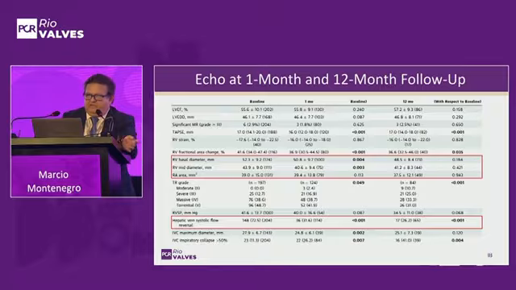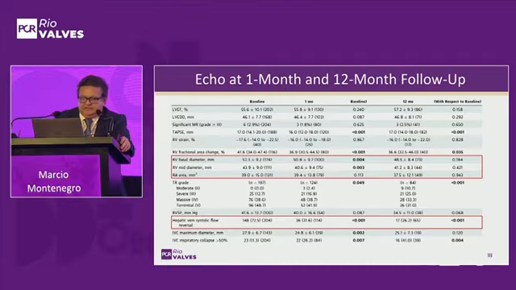On the echo at 1 month and 12-month follow-up, it's very interesting to see a good remodeling of the right ventricle. We can see at 1 month from 52 to 50 with statistical impact, and even if not, there is a decrease of the size of the right ventricle.